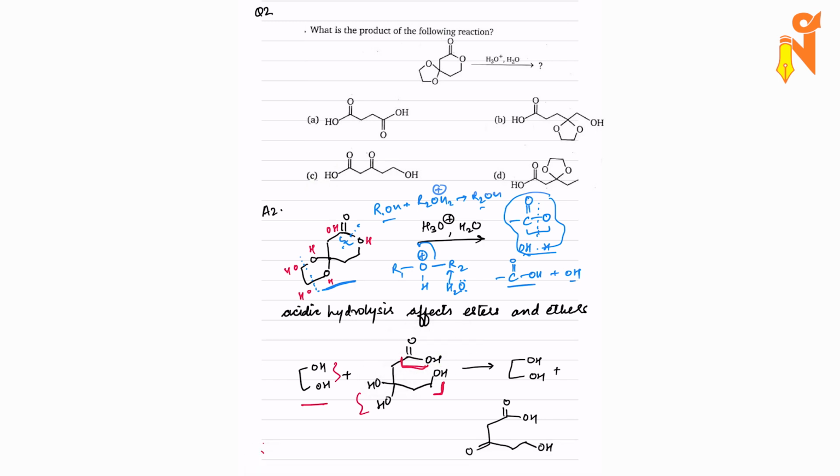Just repeating it once again. Esters on hydrolysis give respective carboxylic acid and alcohol, and ethers on hydrolysis give the respective alcohols, 2 alcohols. So this is how the molecule will look like. It will cleave into these 2 compounds and that's how it will look like. So this is your option number C.